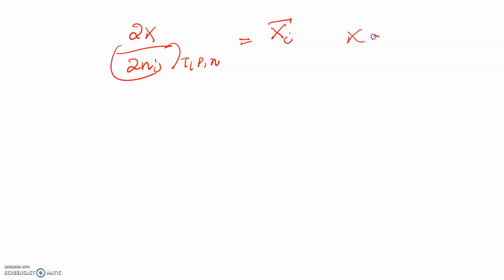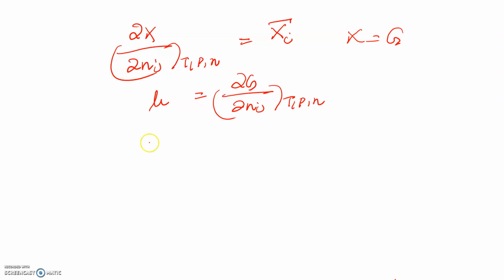Now I'll consolidate this. We have dou X by dou Ni at constant temperature, pressure and number of moles equal to X bar I. This is a partial molar quantity. If X is equal to G, then this equation becomes mu equal to dou G by dou Ni at constant temperature, pressure and N. This is the expression for chemical potential.